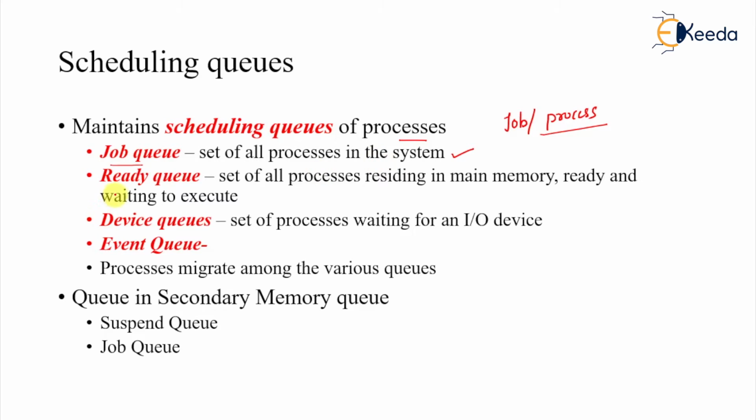Then there is the ready queue, the set of all processes residing in main memory that are ready and waiting to execute. Now, in the job queue you can think of all processes in the system, whose main location should be the disk. They will be waiting for their turn to be invoked by a program, or by the user issuing a command.